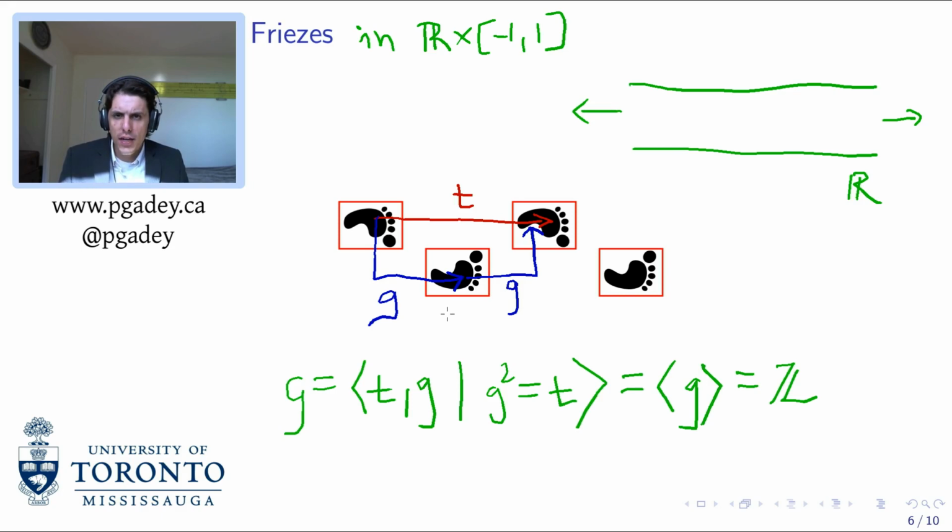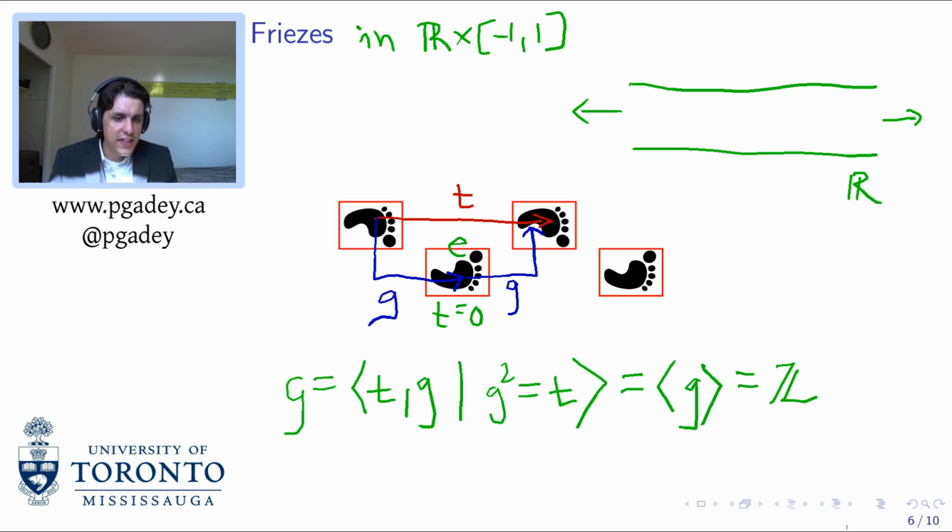So let's take a moment to interpret what this means. If we call this the 0th footstep, right? Let's suppose that that's our fundamental first footstep. Then the symmetry that we care about is just the identity, right?